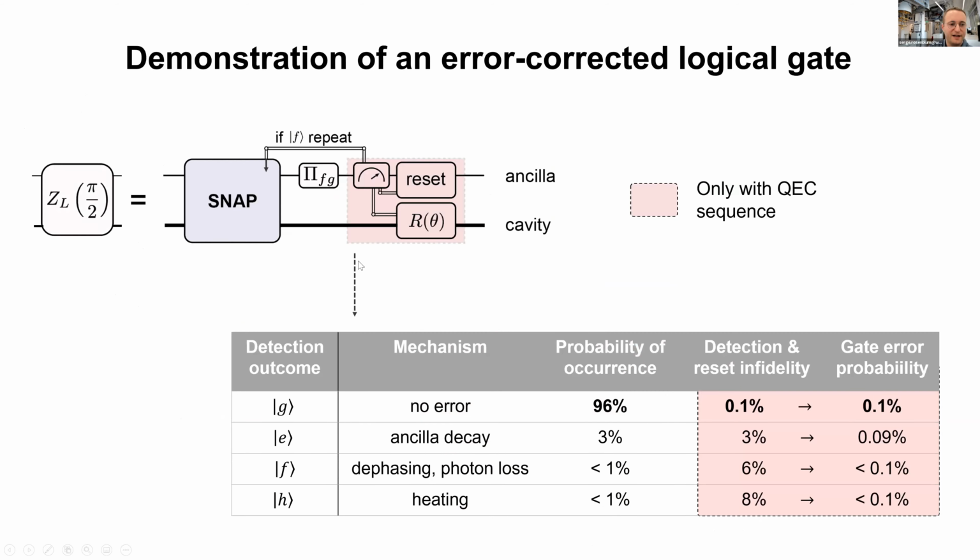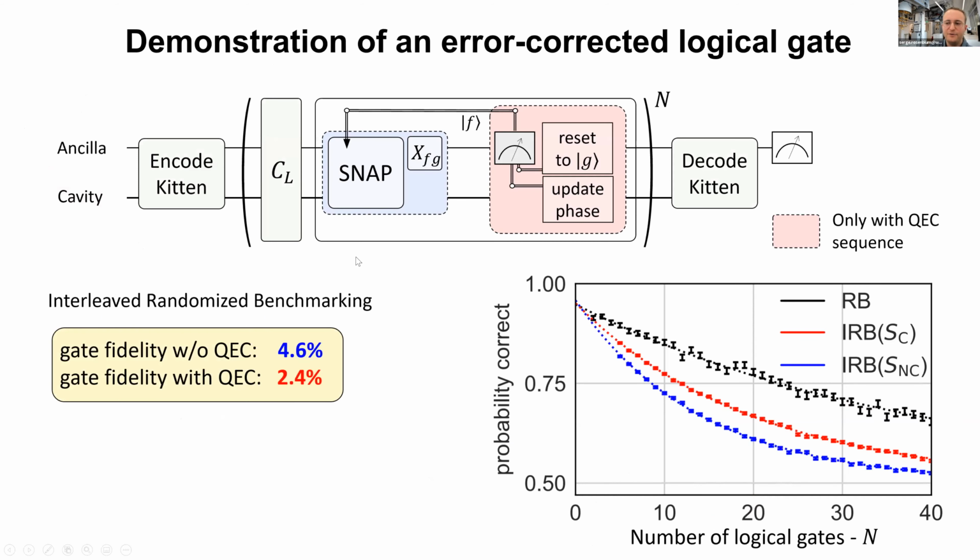I will have to skip this slide. So now let's put all of these ingredients together and see how well our error-corrected gate works. So a good way to characterize our gates is to use interleaved randomized benchmarking. So what it means is that we sandwich our logical gate in between random Clifford gates that we generate using optimal control methods.